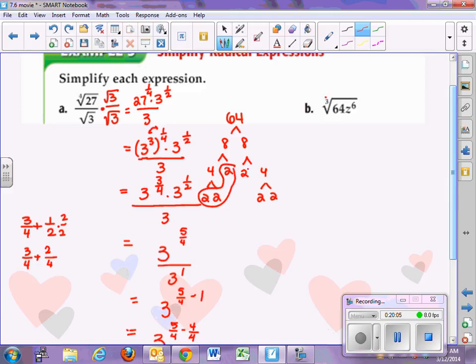I have a 2 and a 2, so I can pull out a 2 and another 2, and I'm going to multiply them. And you know what? That's 4. And that makes sense. If I did the cube root of 64 on my calculator, I would have just gotten 4. And z to the 6th to the third power is just z squared. So it's 4z squared. This honestly could have been in the last lesson, I think. I don't see why this one is in this example.